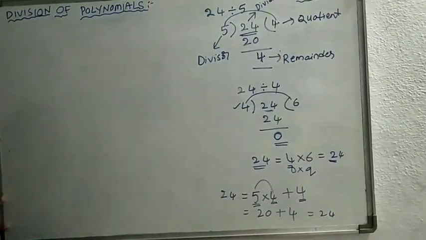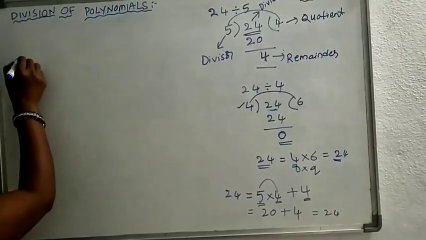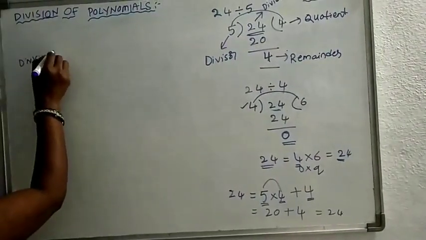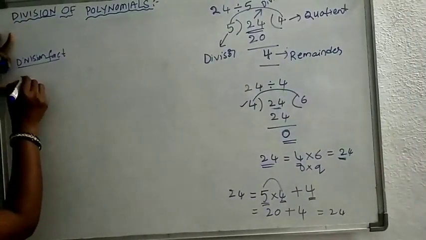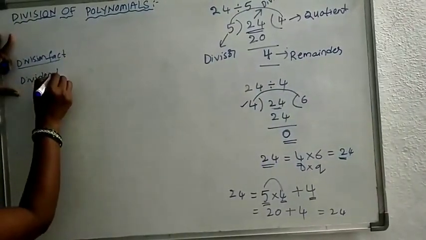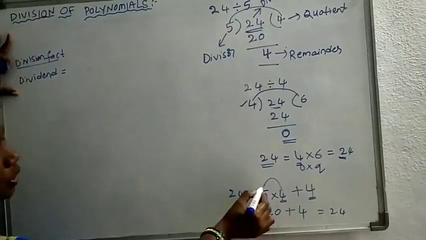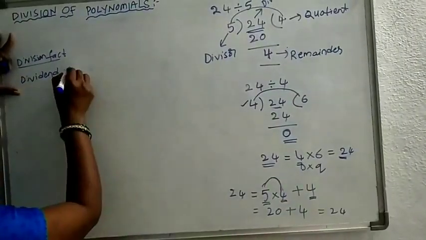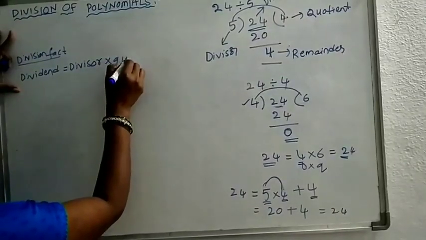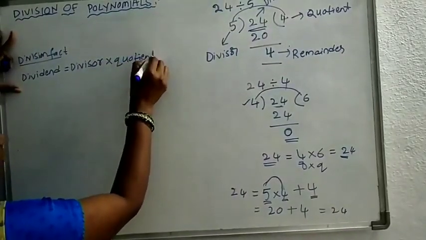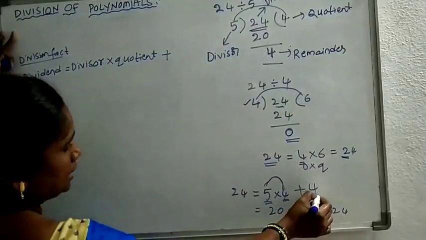This is the division fact. What is the division fact, children? To get the dividend: dividend is equal to divisor into quotient, plus, what is this?